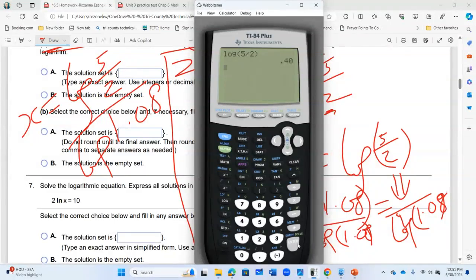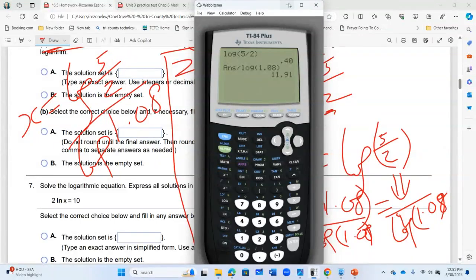And then I divide by the denominator, which is log 1.08, close parenthesis. And when I hit enter, I have an answer 11.91. So that is my answer.